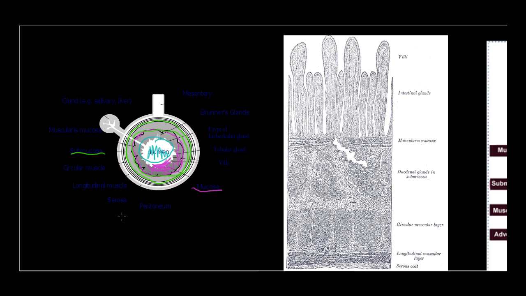And then the muscularis externa. Muscularis externa is basically everything below the submucosa and until the serosa or adventitia layer. Serosa or adventitia, they're basically the same thing.